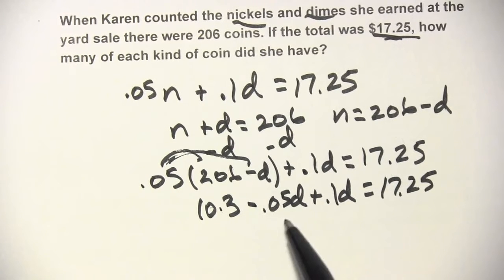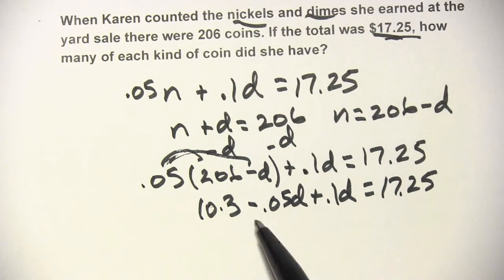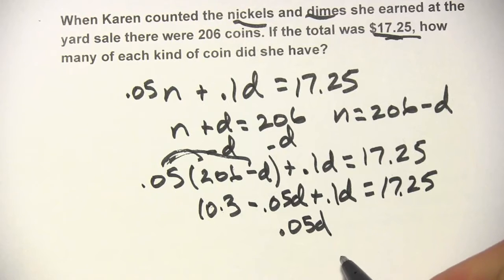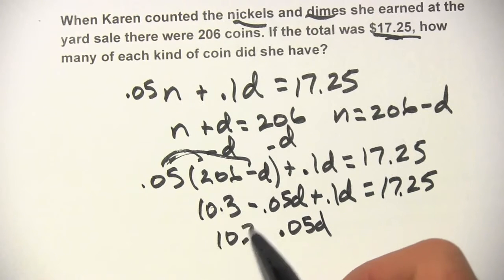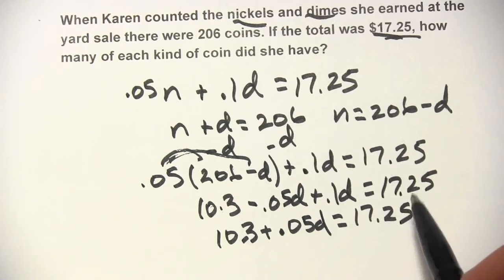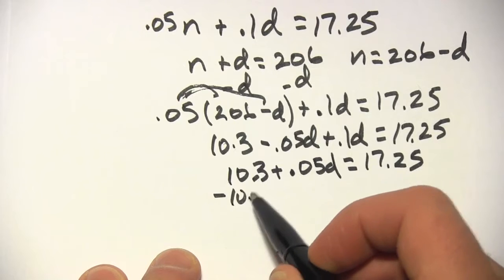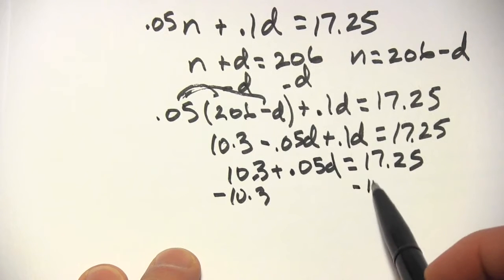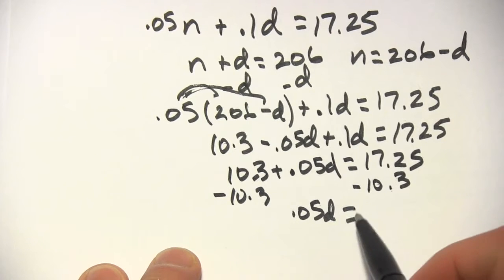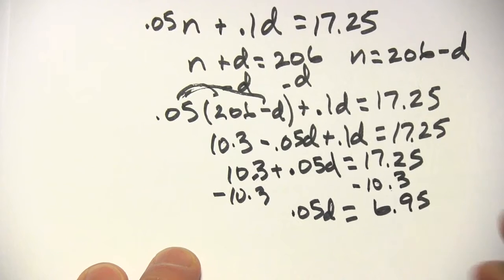All right, we can combine the negative 0.05d and the 0.1d. That's going to be a positive 0.05d. We've got our 10.3 and equals 17.25. And then we'll need to subtract 10.3 to get the d term alone on one side. So 0.05d equals, that's going to be 6.95, I think.